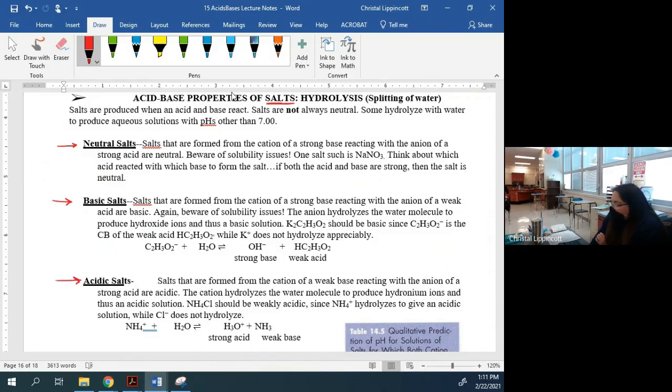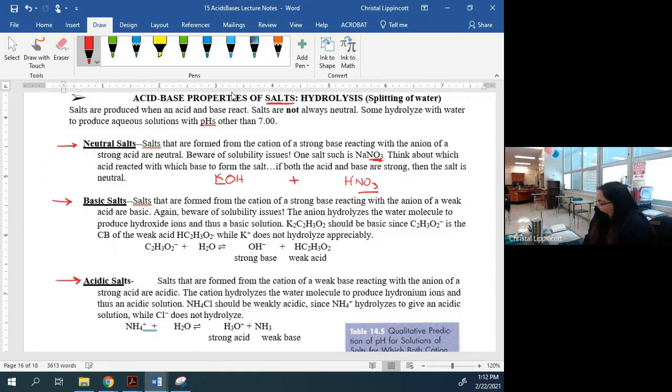Okay, now how do we know the difference between these? Well, a neutral salt is going to have an anion that, if you had hydrogen with it, would make a strong acid. You would also have a cation that would be part of a strong base, like a potassium here.